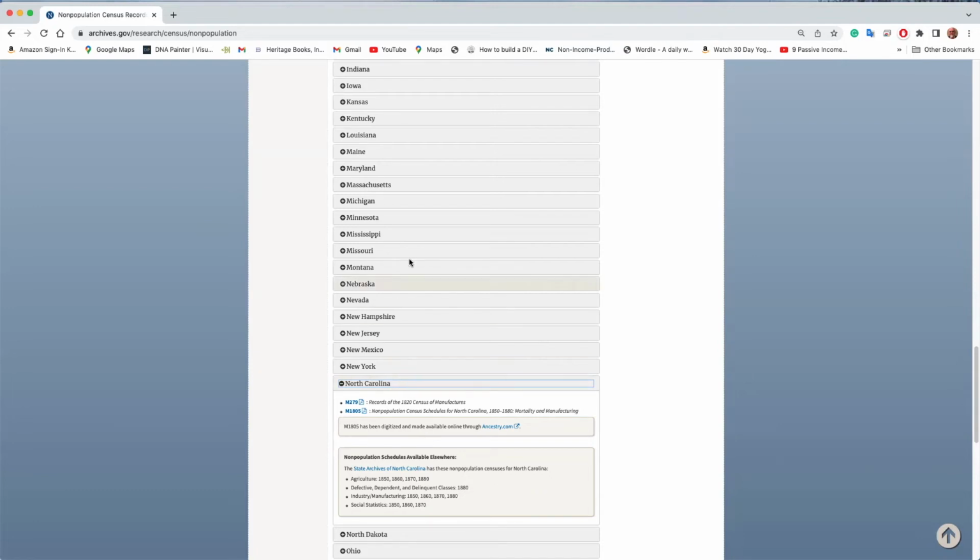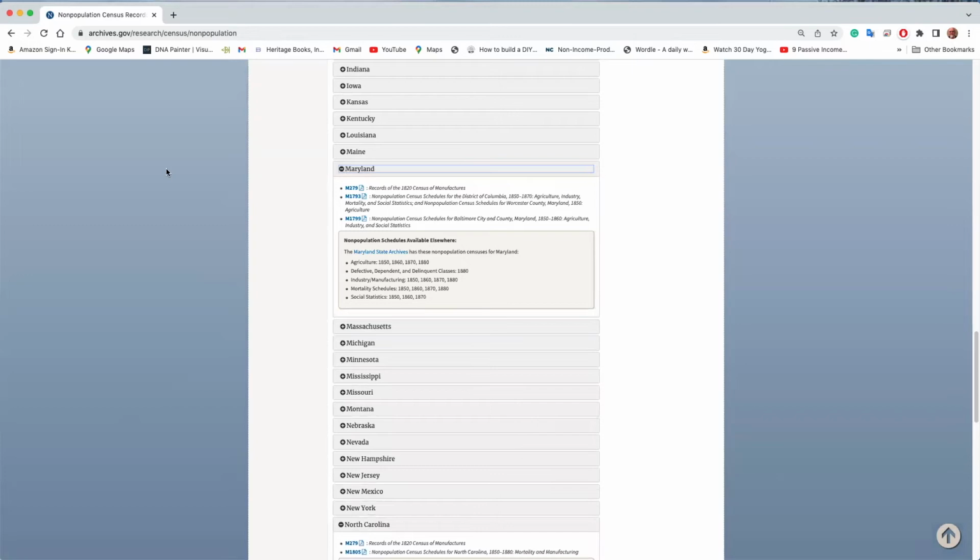Let's go look at another state. Let's go look at Maryland. So the 1820 Census of Manufacturers is there. The non-population census schedules for the District of Columbia and Worcester County, Maryland 1850 agriculture are on M1793, and then M1799 has the non-population census schedules for Baltimore City and County, Maryland 1850 to 1860, which is interesting because I don't think Baltimore City actually became a city until 1859, but that's just me.